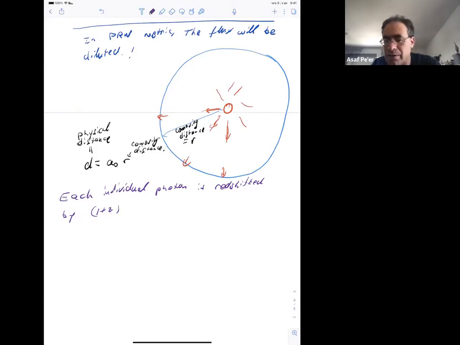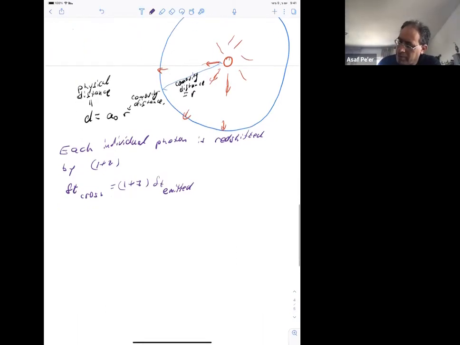And also the photons hit the surface of this sphere less frequently than they were when they were emitted, right? Because if they were emitted at a separation of delta t apart, the delta t crossing is just 1 plus z times delta t emitted, right, because the sphere expands.